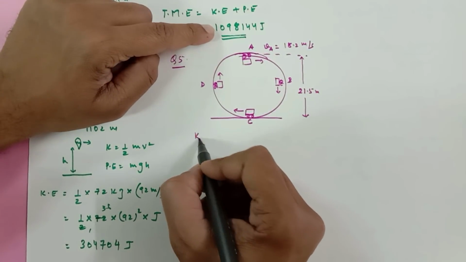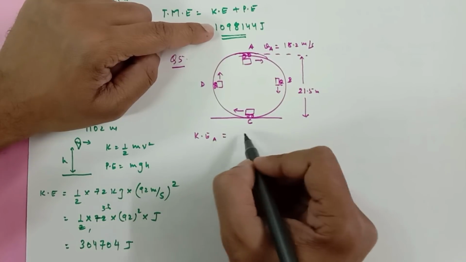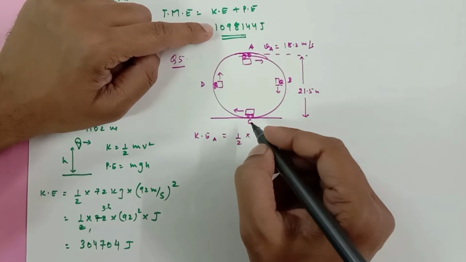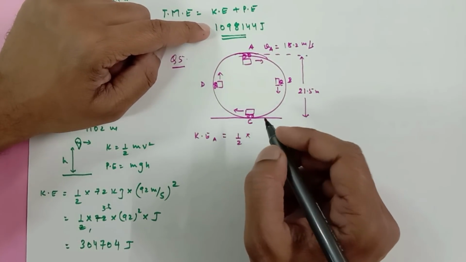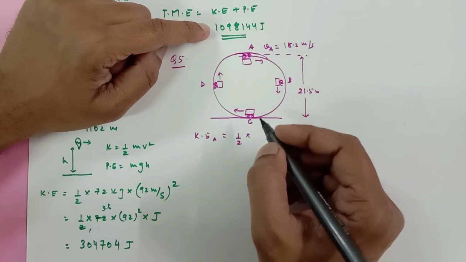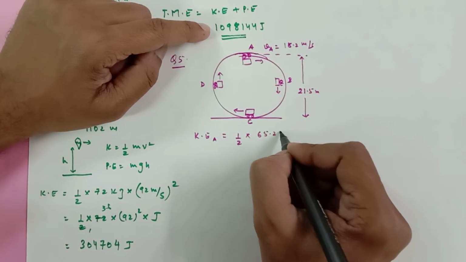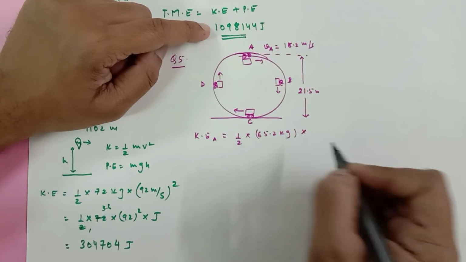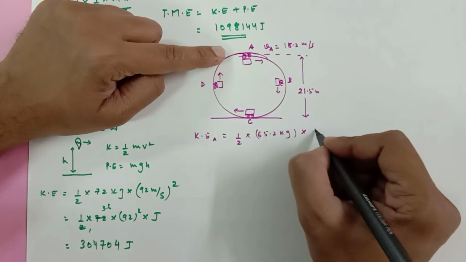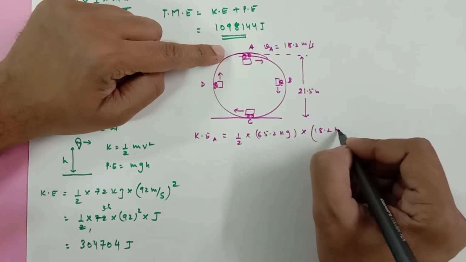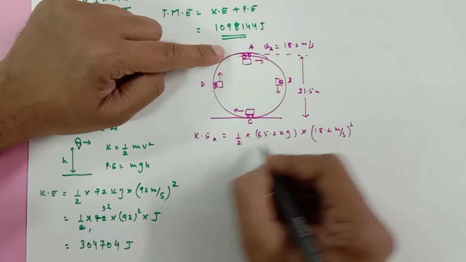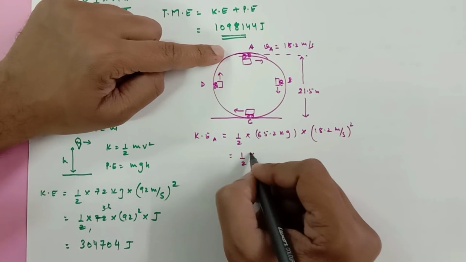So if I find out kinetic energy at A, that is equal to half, and mass is given as 65.2 kilogram, multiply by speed square, so 18.2 meter per second the whole square. Since everything is in SI unit, I will get my answer in joule.